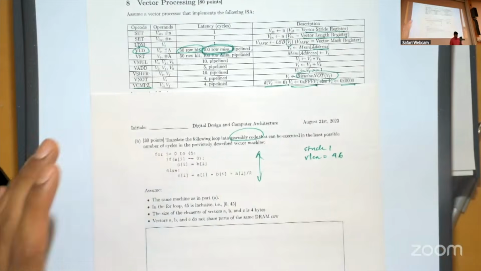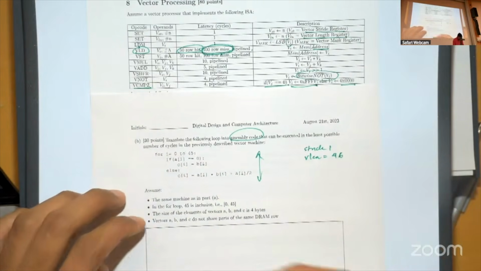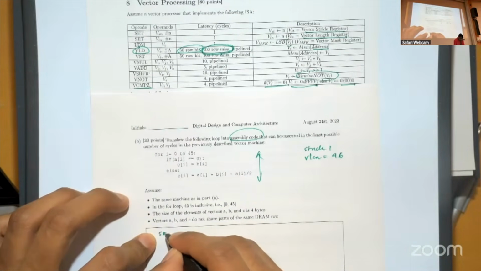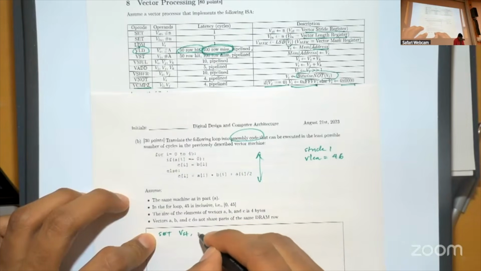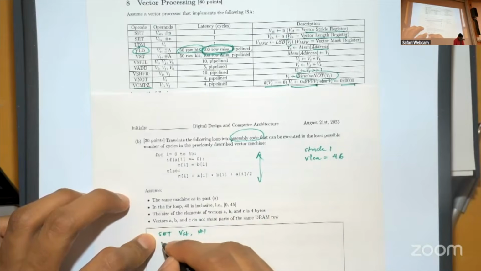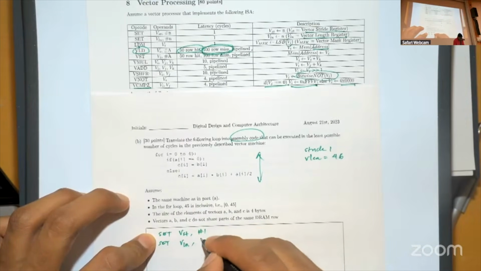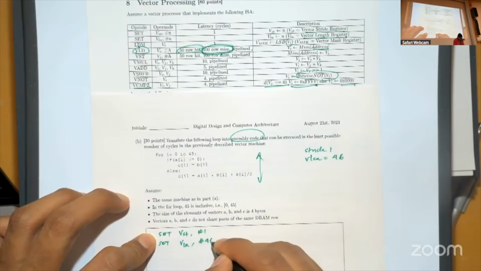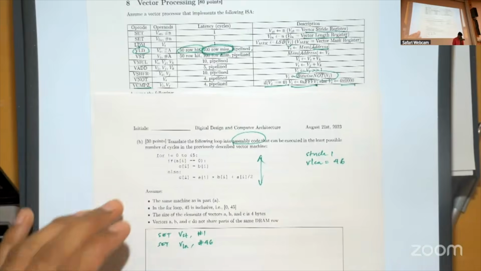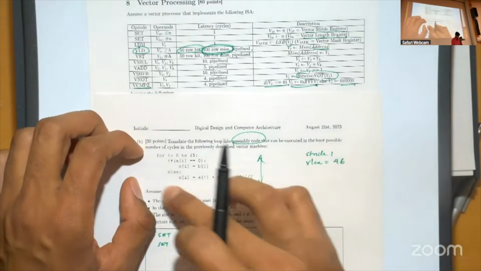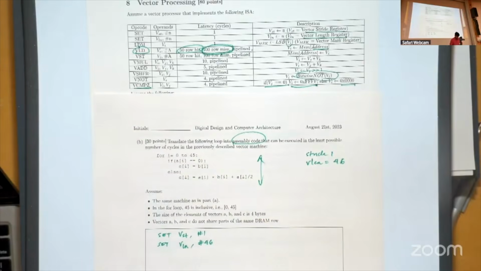So you have 46 elements in the vector register. So the first things that you would do is set VST, the stride, to 1, and set the vector length to 46. These are the first two instructions that you will run. You configure the vector machine for the code that you're going to execute.